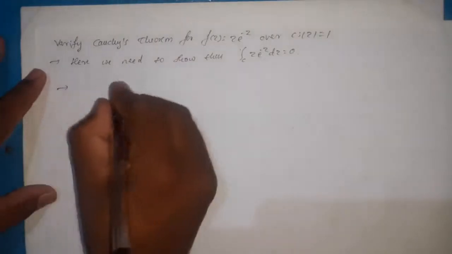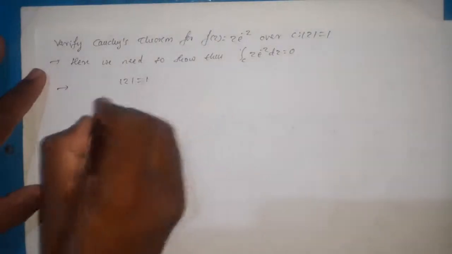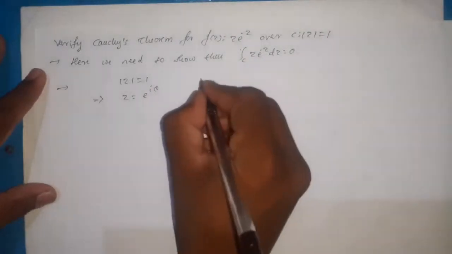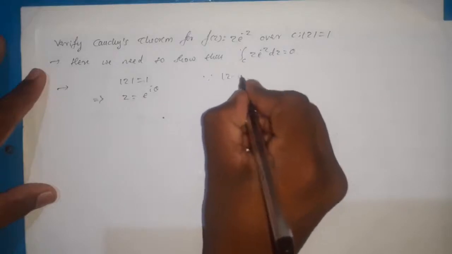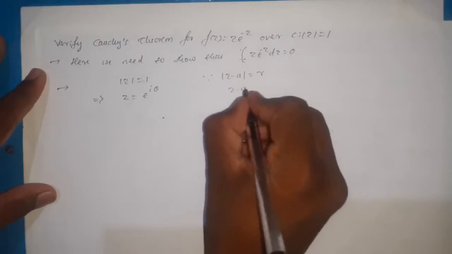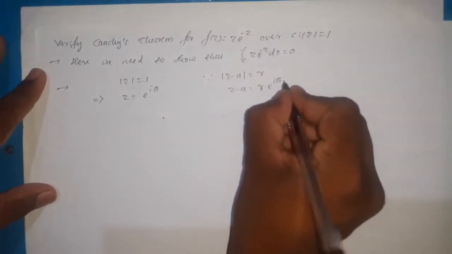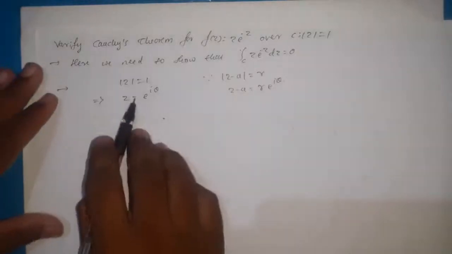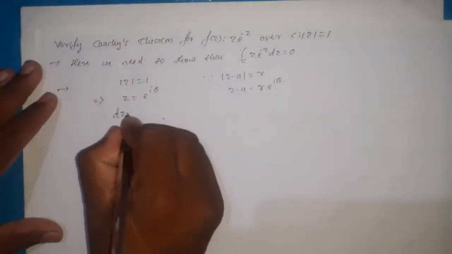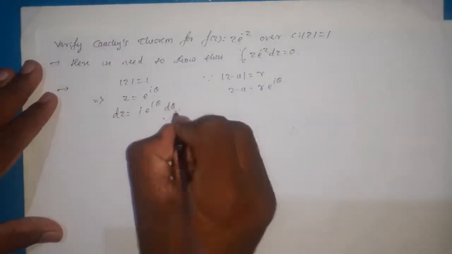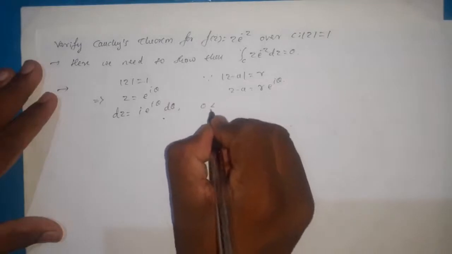So given that mod z equal to 1, it implies that z equal to e power i theta, because mod z minus a equal to r and z minus a is equal to r into e power i theta, which is the equation of the circle. So now z equal to e power i theta, then dz equal to i into e power i theta d theta. So limits are from 0 to 2 pi.